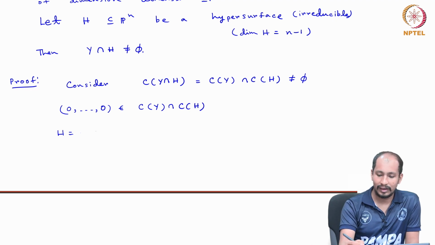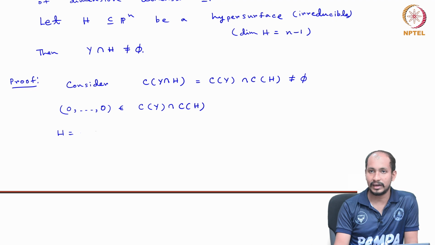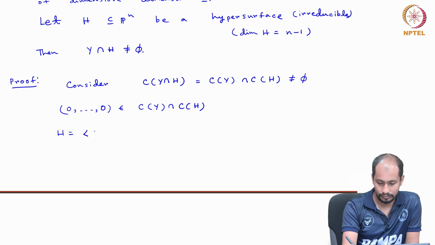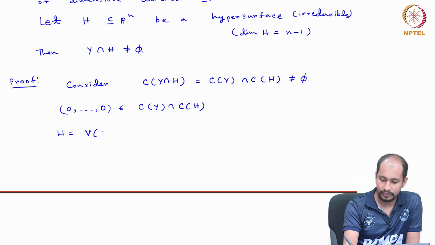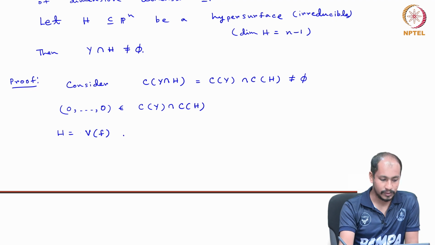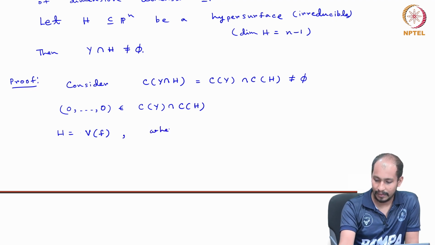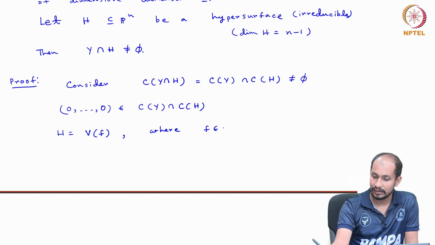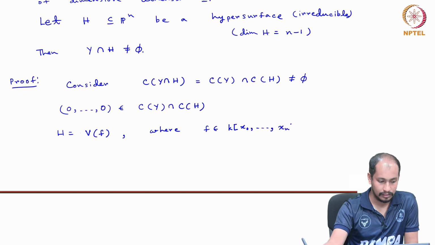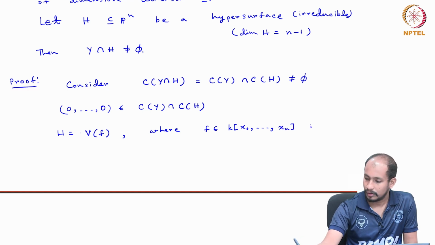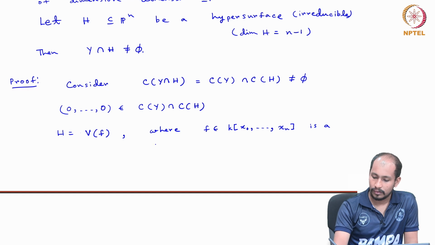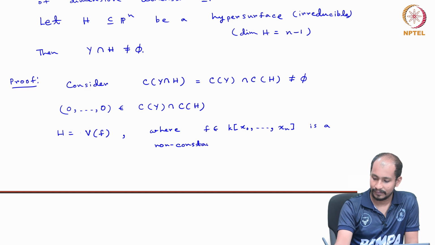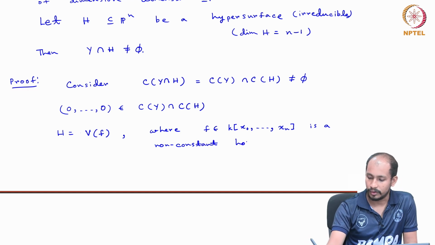In the case of a hypersurface in Pn, we can show that it is the zero set of a homogeneous polynomial f inside k[x0, ..., xn], a non-constant homogeneous polynomial.